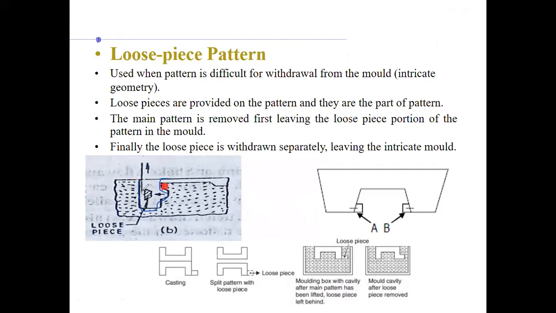So to avoid that, they keep a loose piece pattern, and the other pattern is the major pattern, you can say. This one is a loose piece pattern, so this will be removed later.